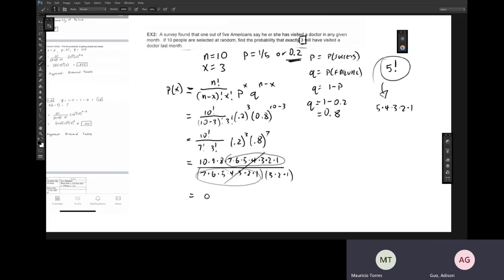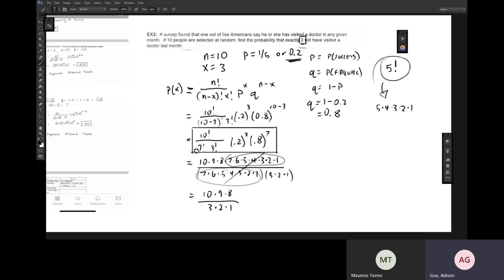We'll be left with 10 times 9 times 8 divided by 3 times 2 times 1. That's effectively how it simplifies.